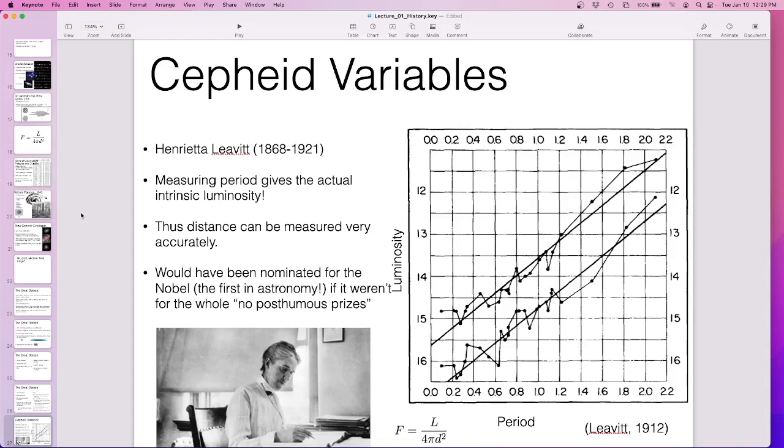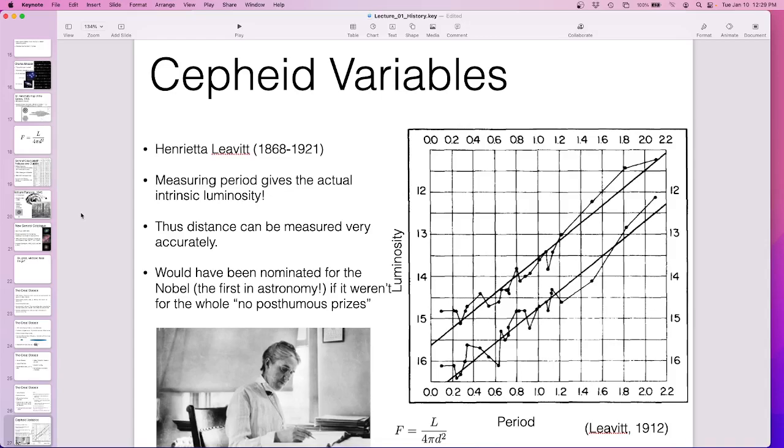So there's dust in the atmosphere of these stars. They're called variable stars. And as the star contracts, the density goes up and the star gets more opaque. As it gets more opaque, the heat can't leave, so it gets hotter. What happens when it gets hotter? It expands. And when it expands, the opacity goes down and it can cool, which means it can contract, which means it will get hot, which means it will expand.